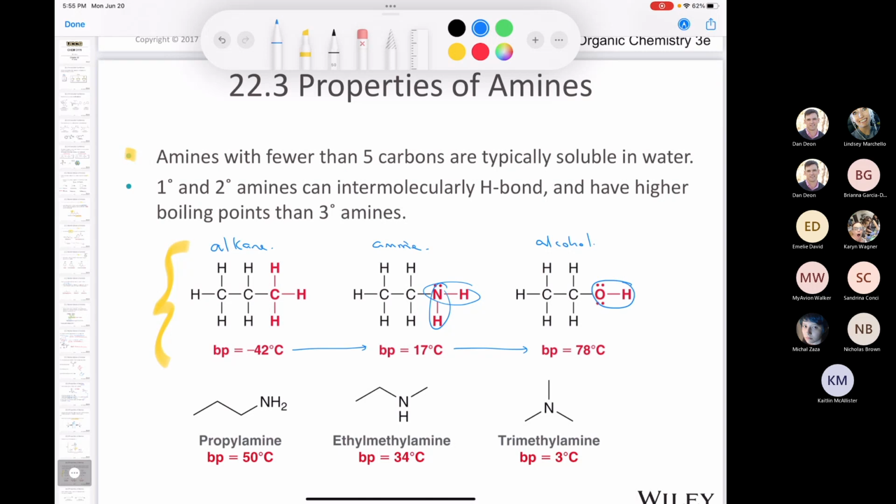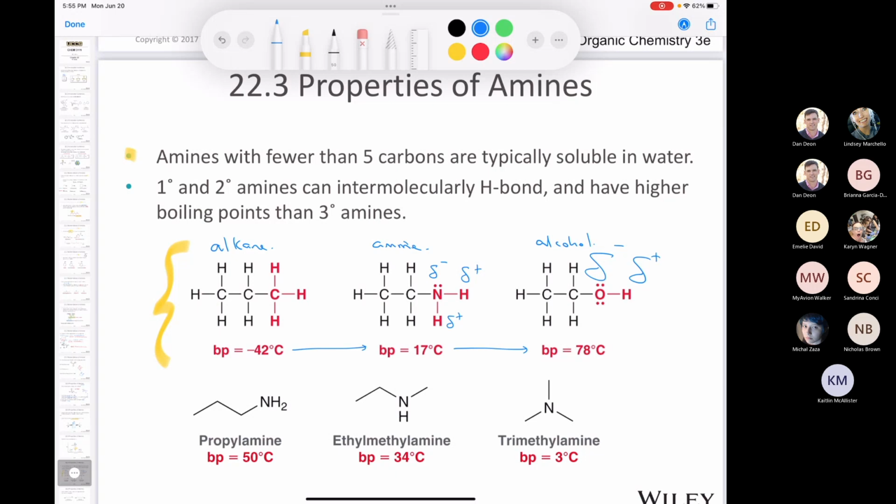The reason why the boiling point of the alcohol is so much higher than that of the amine is that even though we have the partial negative and the partial positive charge in an amine that allows the hydrogen bond to occur, it's much, much greater in an alcohol. Why? Because oxygen is much more electronegative than nitrogen. And so the hydrogen bonds are much stronger in an alcohol than they are in an amine.